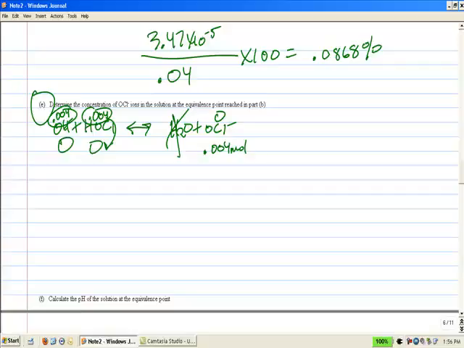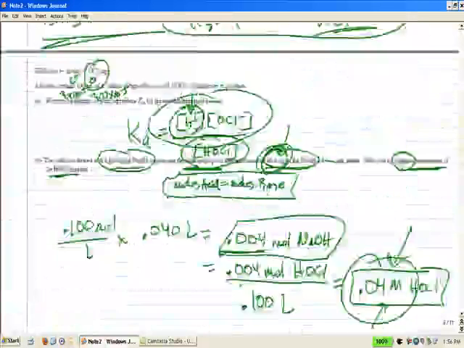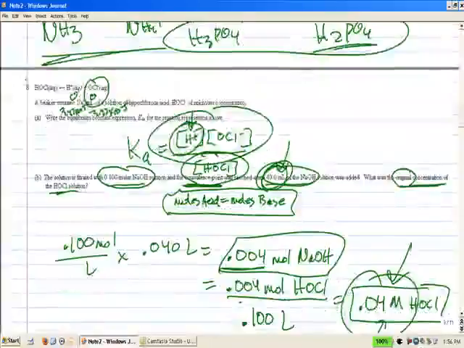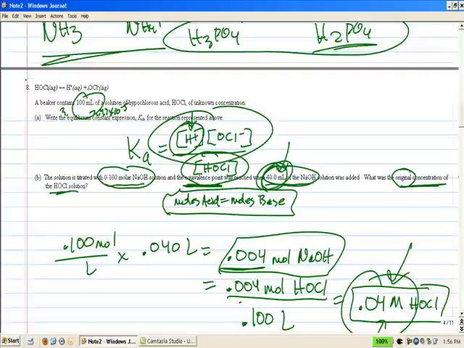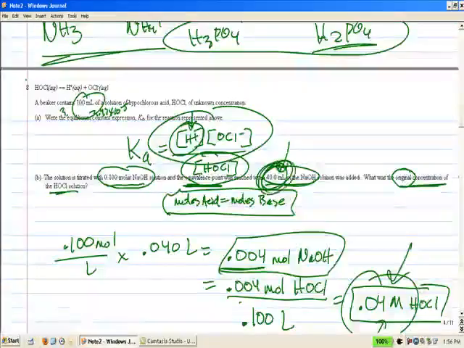So at the equivalence point, the only thing you really have in that solution is 0.004 moles of OCl minus. So that's one part of our answer. We've got the moles, they just want to know the concentration. Well, to get concentration, we just have to figure out the volume. So how much HOCl did we have? 100 milliliters. And again, that just comes from the beginning of the problem. And how much of the NaOH did we add? 40 milliliters.